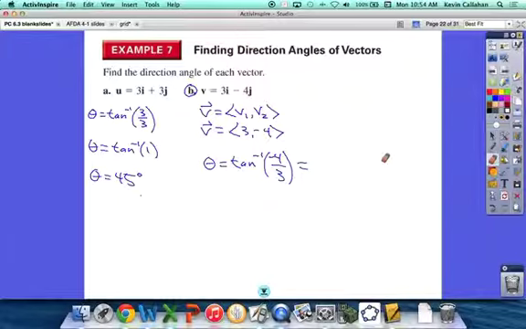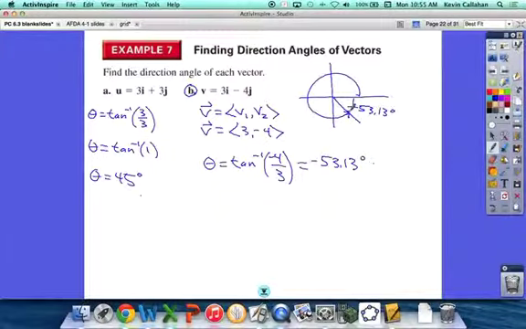And that is -53.13 degrees. Okay. Now remember, our direction angles are positive angles with the positive x-axis. This angle here is down here somewhere, right? That's -53.13 degrees. We need that angle.